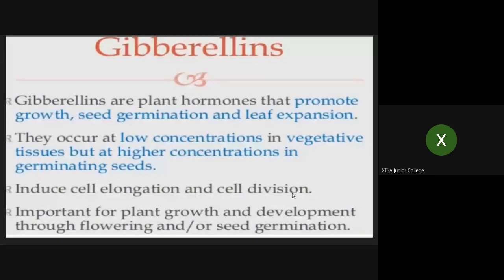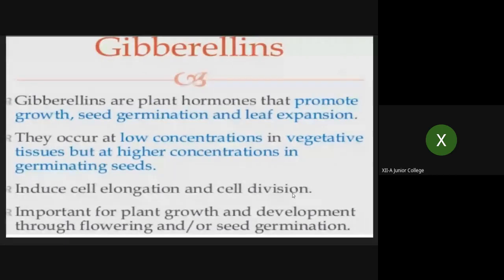See, the most important role of gibberellins is seed germination. Very important, because they are present in vegetative parts like shoot, root or leaves, but in very low concentration. They are at higher concentration in the germinating seeds, and they induce cell elongation and cell division. Important for plant growth and development through flowering and seed germination.